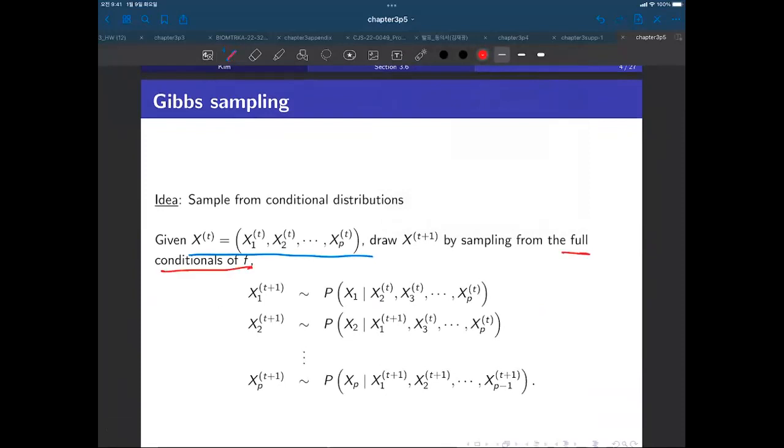If you are interested in generating x1, you leave everything else as given. If you are interested in generating x2, you exclude x2 and keep everything else on the right side.